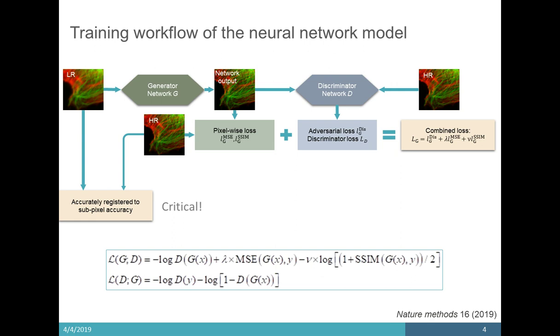When they are in an equilibrium state, the network is converged. So we have a generator model trained that can take the low-resolution image and enhance it to match the resolution of the high-resolution image. We have to emphasize that the accurate registration of the low-resolution and high-resolution images is critical to the performance of our network model.